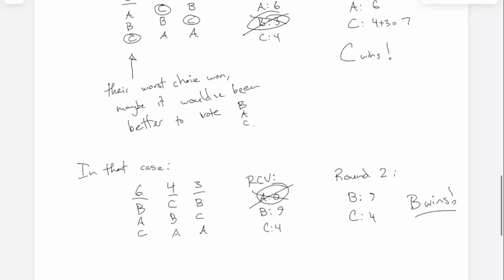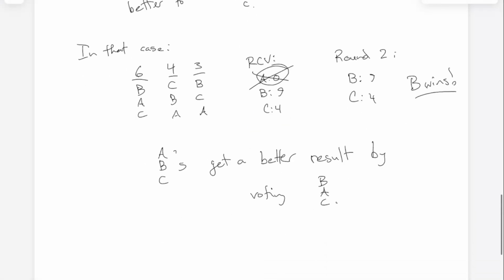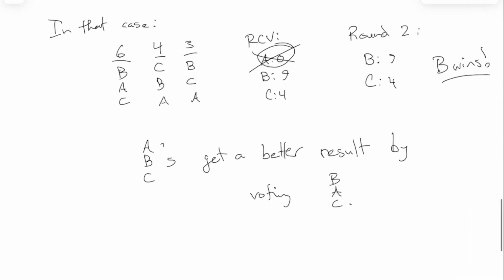So just to conclude here, the ABCs get a better result, better in their own opinion, by voting BAC. This is a successful manipulation using ranked choice. So ranked choice voting is also manipulable.